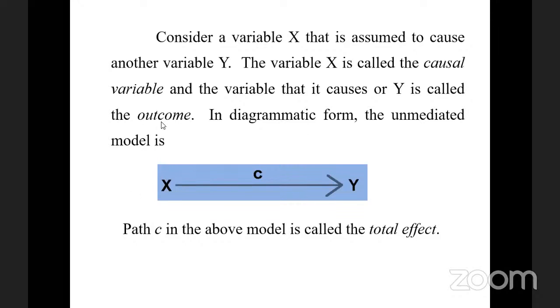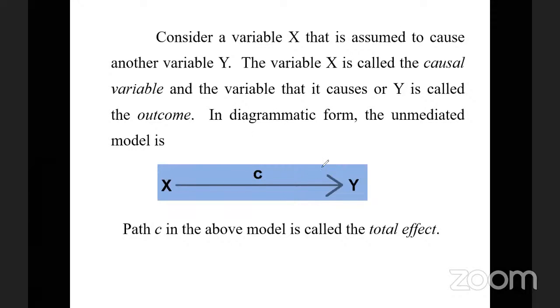So in this diagram, the unmediated model means we are not including any mediator.